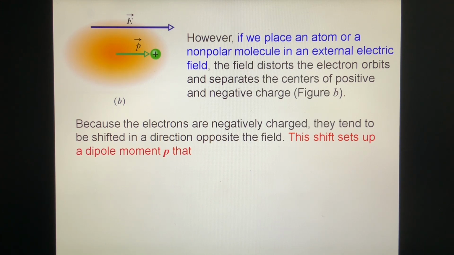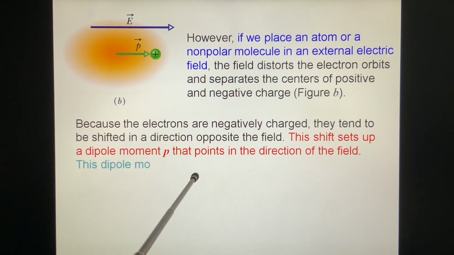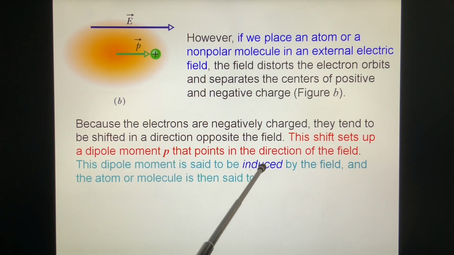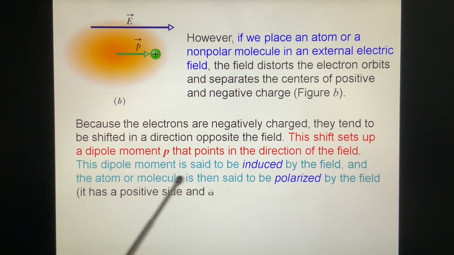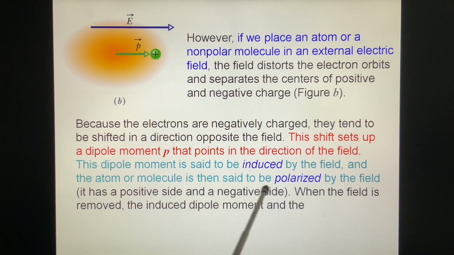This shift sets up a dipole moment p that points in the direction of the field. This dipole moment is said to be induced by the field, and the atom or molecule is then said to be polarized by the field. It has a positive side and a negative side. When the field is removed, the induced dipole moment and the polarization disappear.